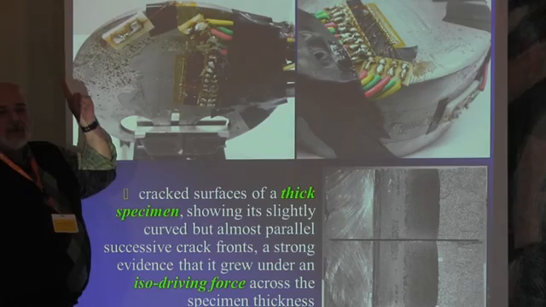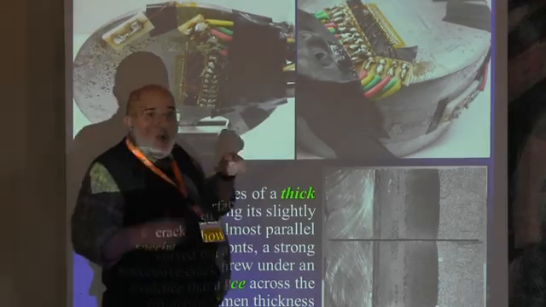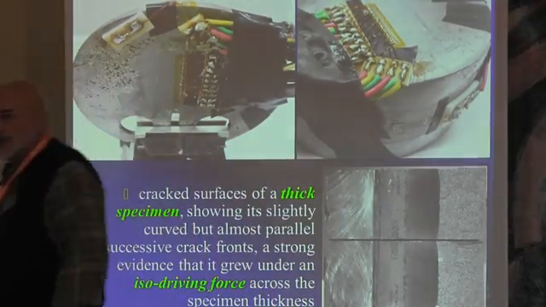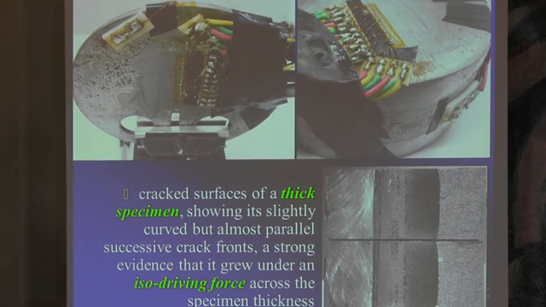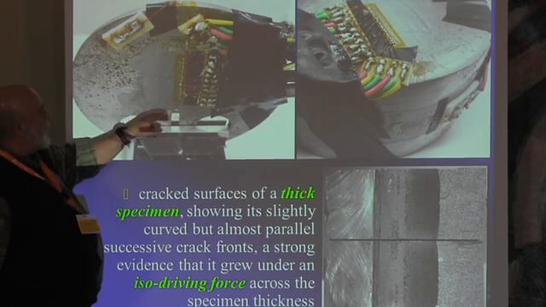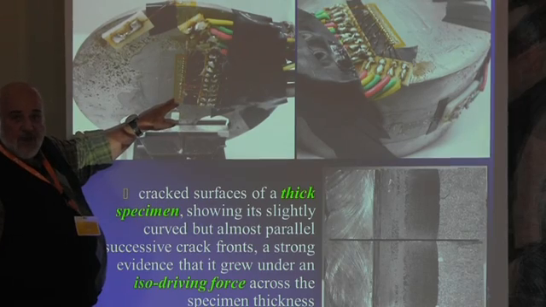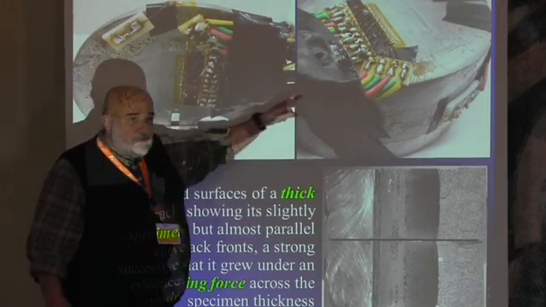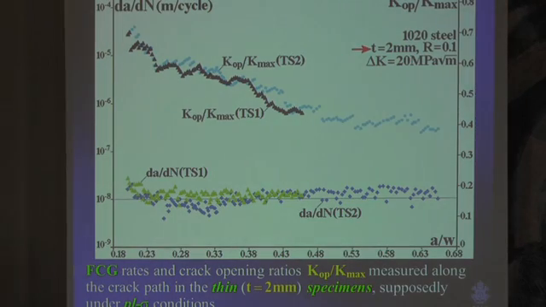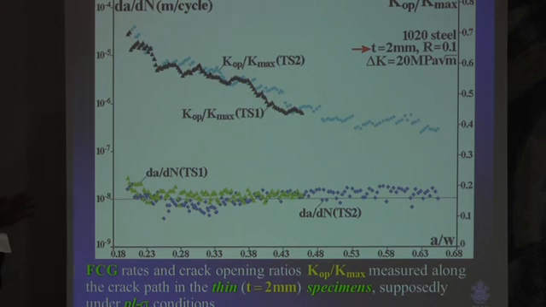We measured the opening load using compliance measurements, with a strain gauge mounted on the back face of the specimen. A lot of strain gauges were mounted ahead of the crack tip to make close field and far field measurements of the compliance, which we presented in Urbino. And the results we got were quite interesting.